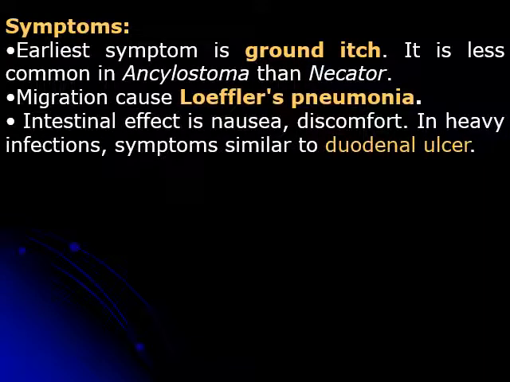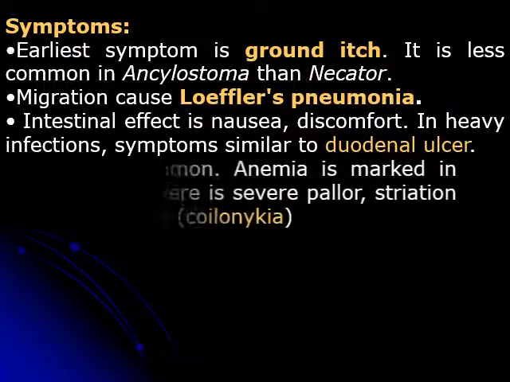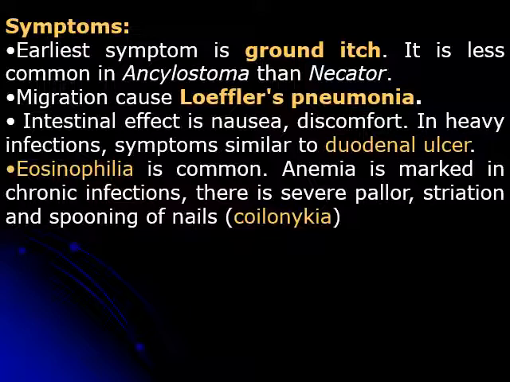Intestinal effect due to the inflammatory effect on the mucosa is usually nausea, discomfort, and in heavy infections, there are symptoms like duodenal ulcer. Eosinophilia is common and anemia is marked in chronic infection. There is severe pallor, striation, and spooning of nails, what we call koilonychia.